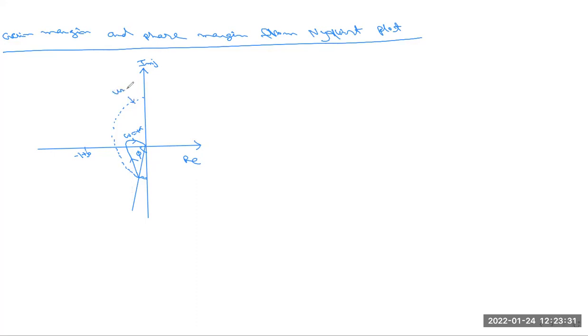This is called the unit circle. This point where the real axis touches first, this point is called the phase crossover frequency, and we express it here as omega 2.